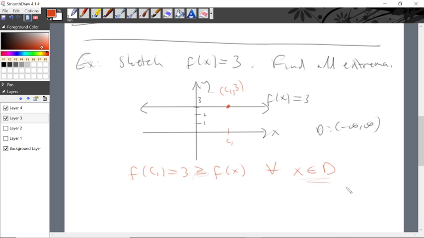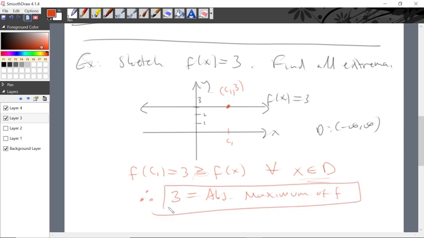Since this is true throughout the entire domain, 3 is the absolute maximum of the function f. It satisfies the definition.